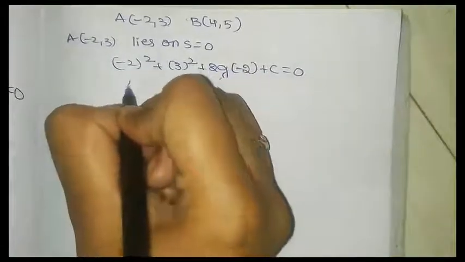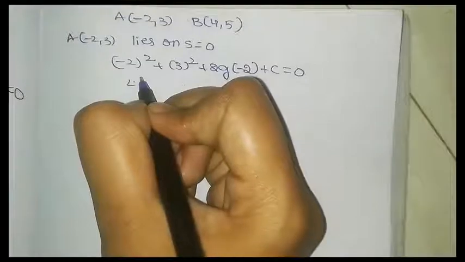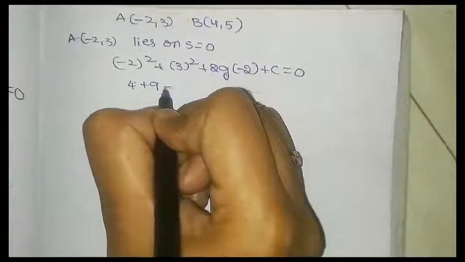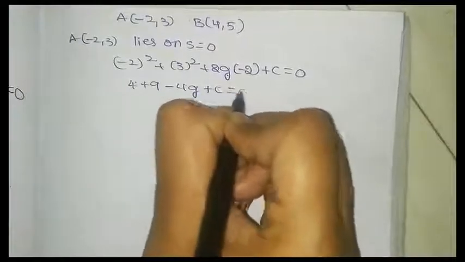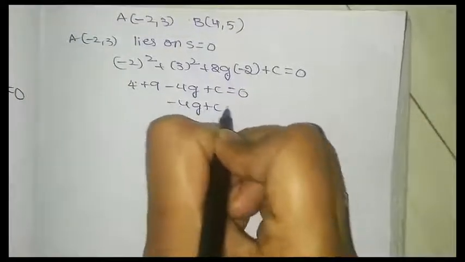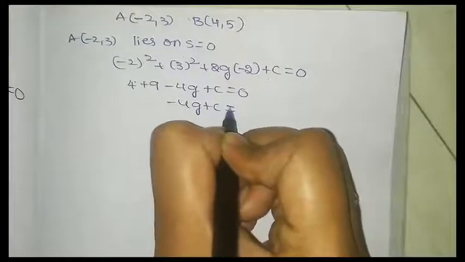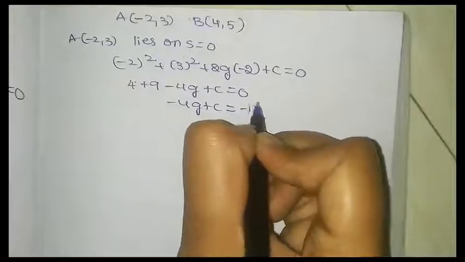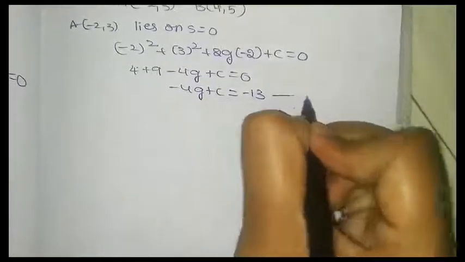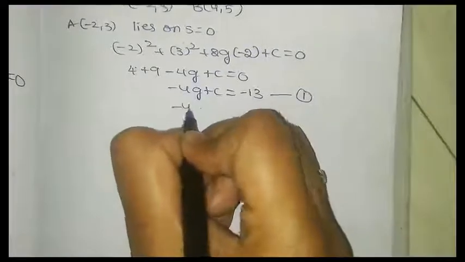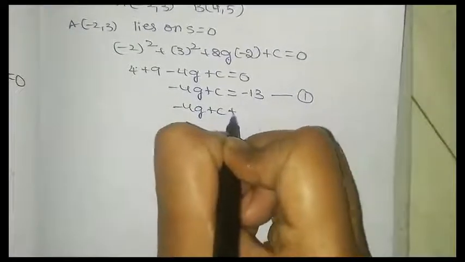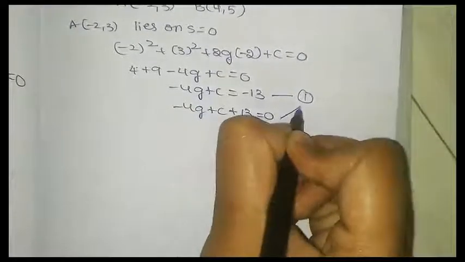So that is 4 plus 9 minus 4g plus c is equal to 0. Minus 4g plus c is equal to minus 13. Minus 4g plus c plus 13 equal to 0. Let it be equation number 1.